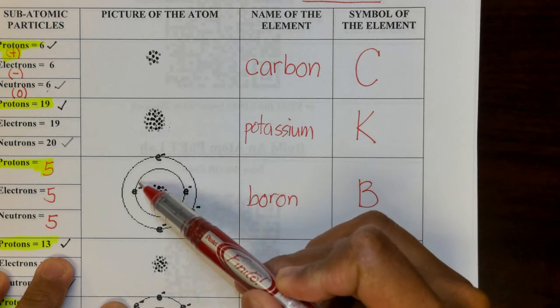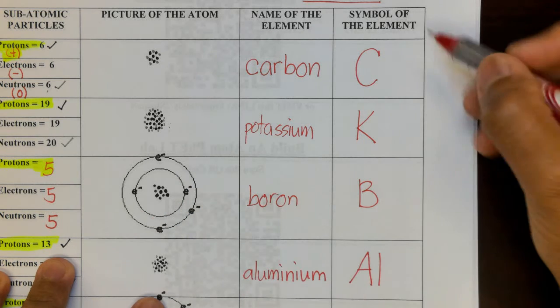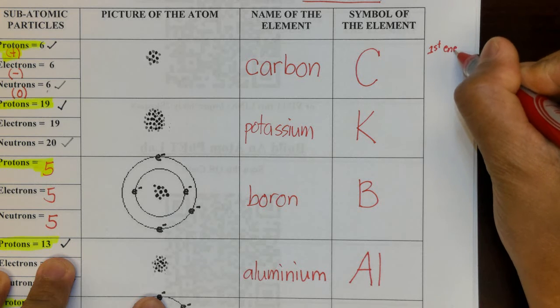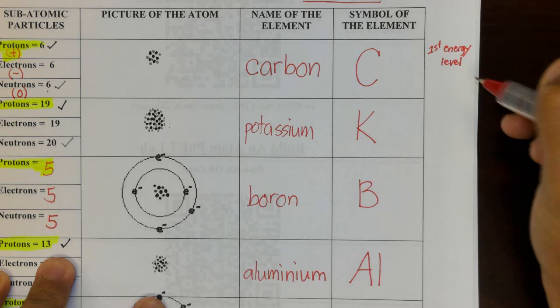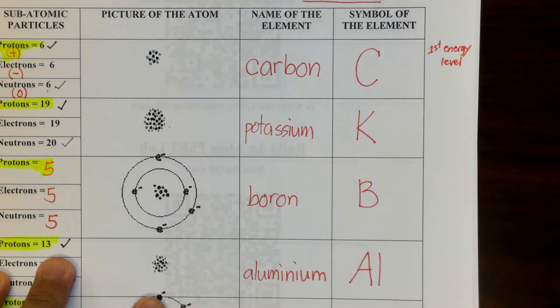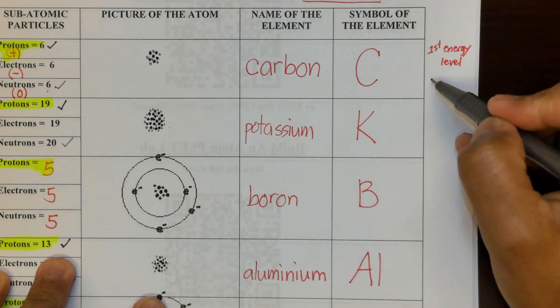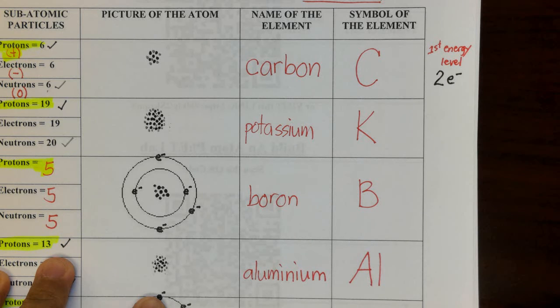So the first circular line that you put outside the nucleus is your first energy level. So you always start with the first energy level. Draw one circle there. However, there is a rule. In the first energy level, only a maximum of 2 electrons should be there.